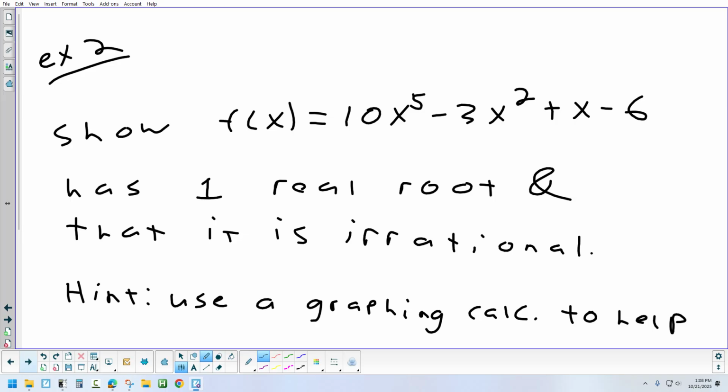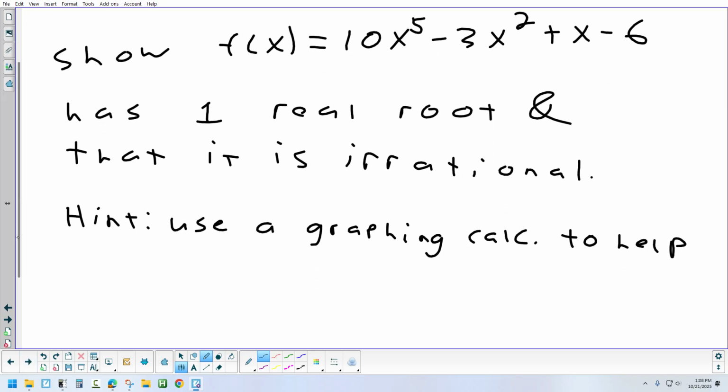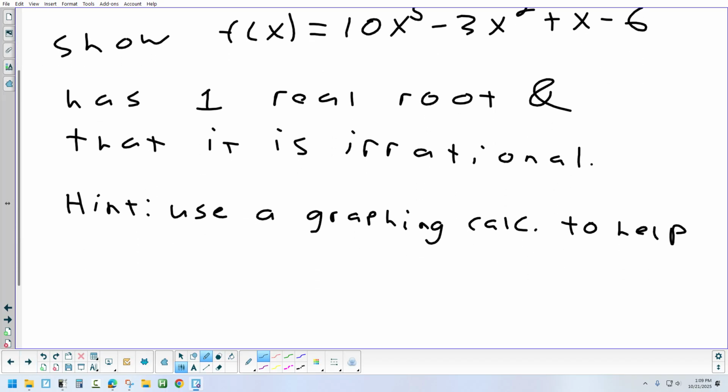So let's write that down. Show that it only has one real root and that it is irrational.